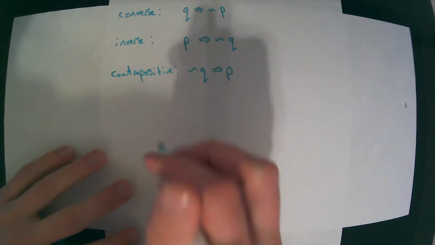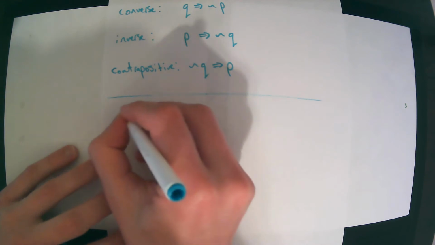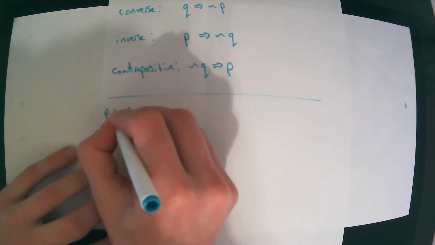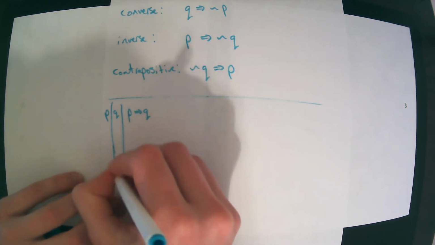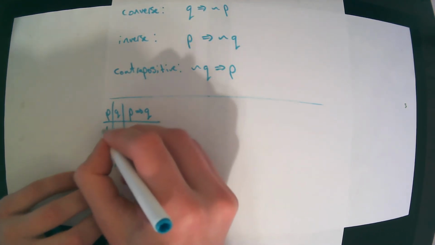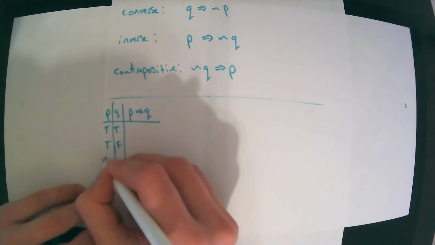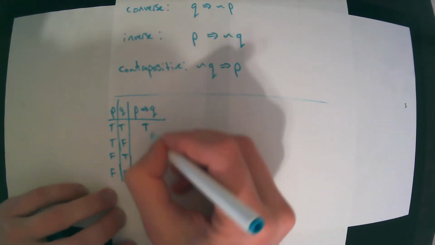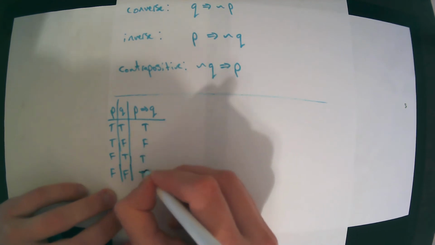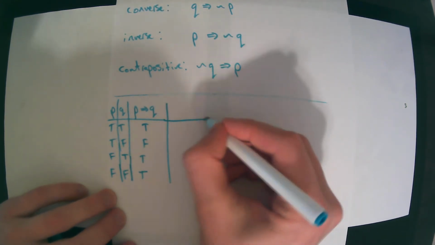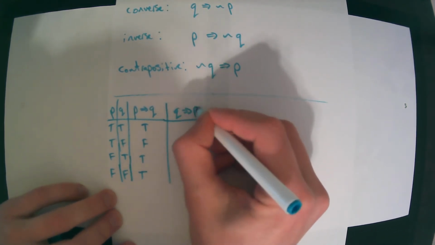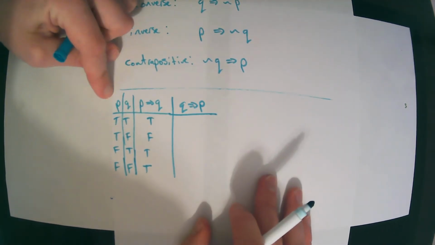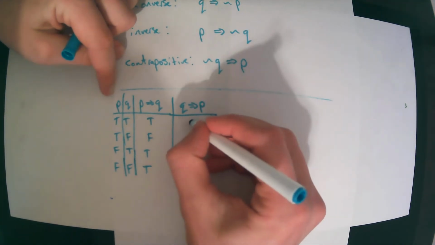So the truth table for P implies Q is true, false, true, true, and then I'll just make a new column for Q implies P. Reading this way, true, true, that's fine.